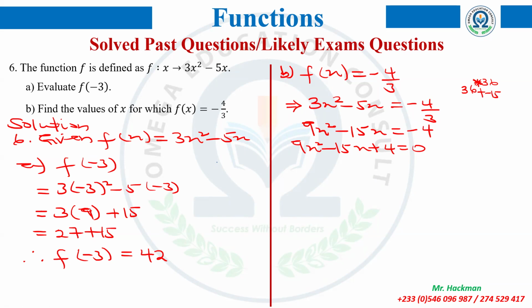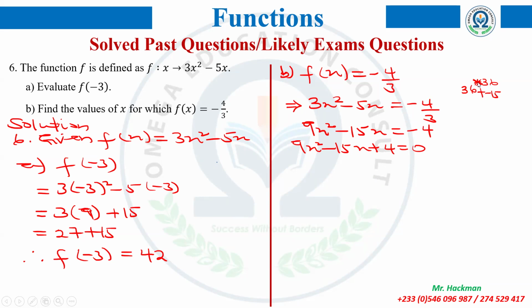Which factor pair? -12 and -3. Okay, so here, because your sum should give us a negative, and the product should give you a positive, it means either both numbers are positive or both numbers must be negative.